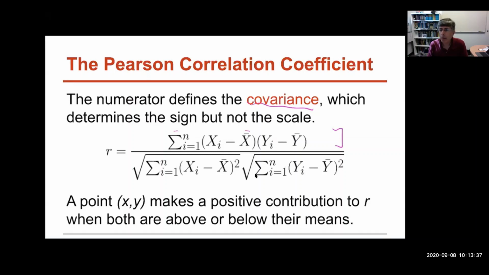If you remember your trigonometry, there is a way to interpret this as the cosine of the angle between the two vectors, the x variables and the y variables. So there is a way to interpret it like that. If you like it, that's good to think about. Any other questions?